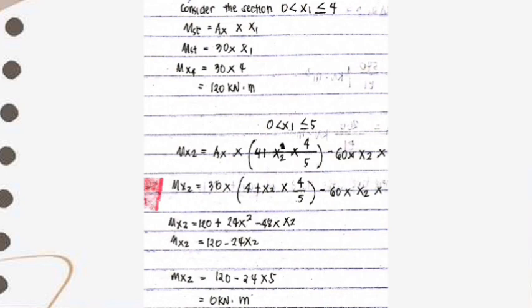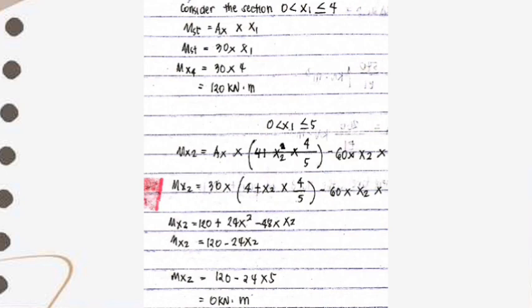So consider the section 0 less than x2 less than 5. We have M(x2) is equal to Ay times 4 plus x2 times 4 over 5, minus 60 times x2 times 4 over 5.